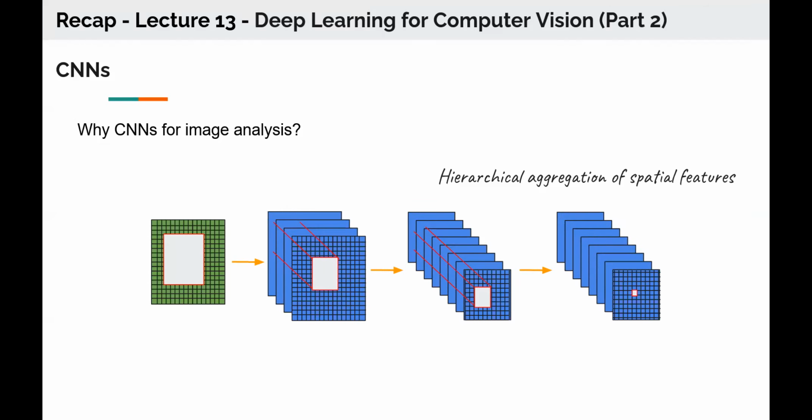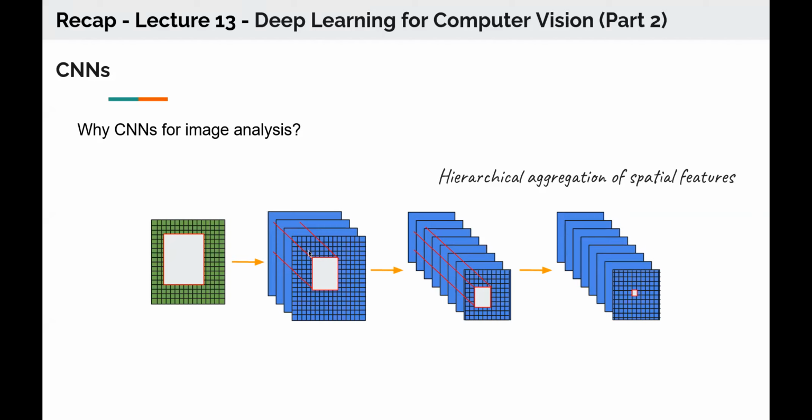That was one point. The other point was this aggregation of spatial features, which is connected to the fact that we do convolutions in this kind of stacking fashion, meaning we have this idea of deep learning. So we have layer after layer. And what happens is, because of this hierarchy, the initial layers look at only a small portion of the image, and then they end up learning these low level features like edges and corners and so on.